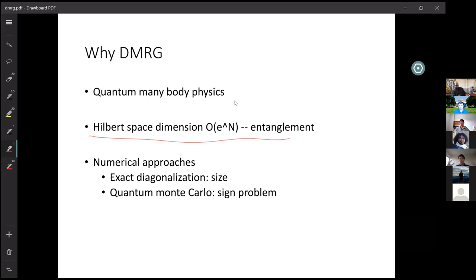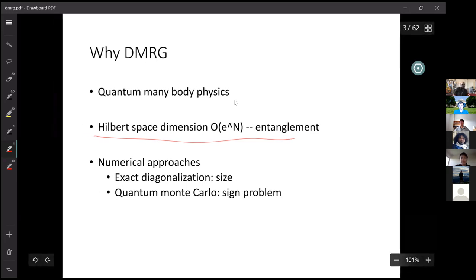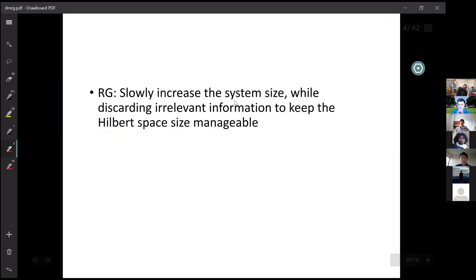So if this low energy subspace of the Hamiltonian has some special entanglement structure, then maybe I can utilize it to minimize the parameters I need to efficiently express the states.